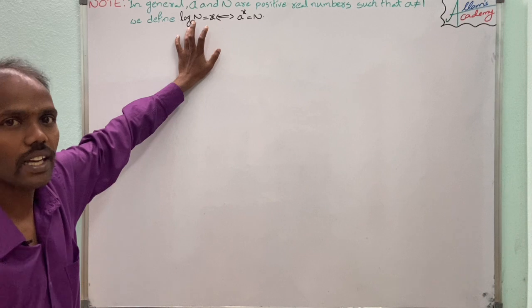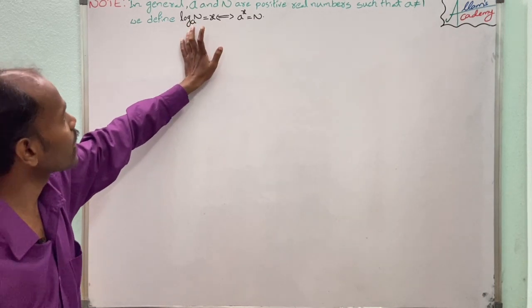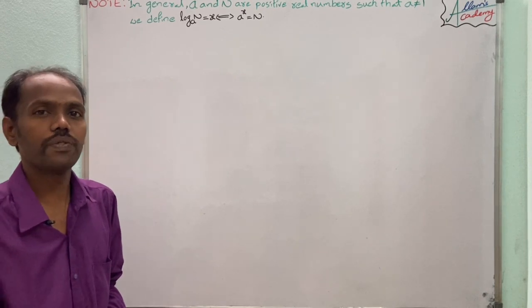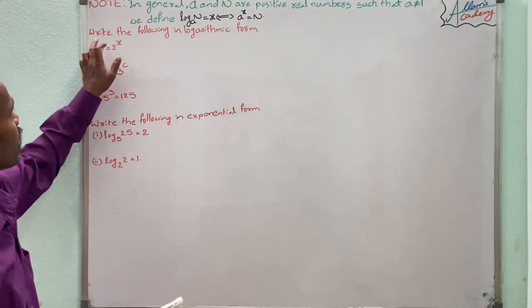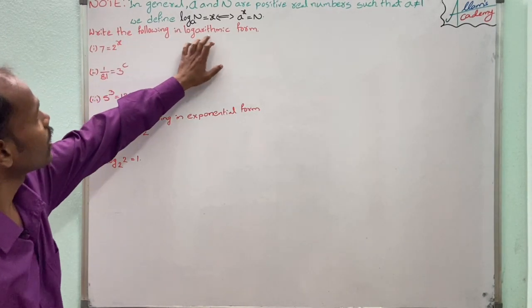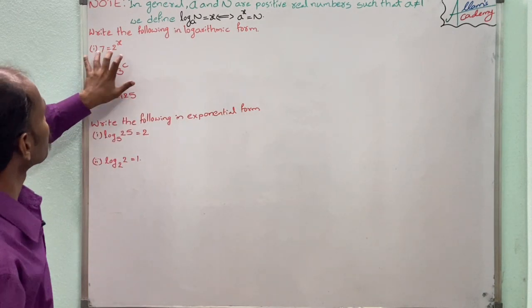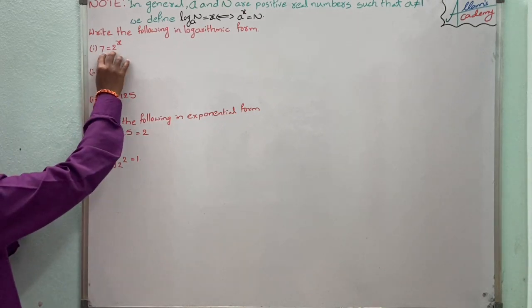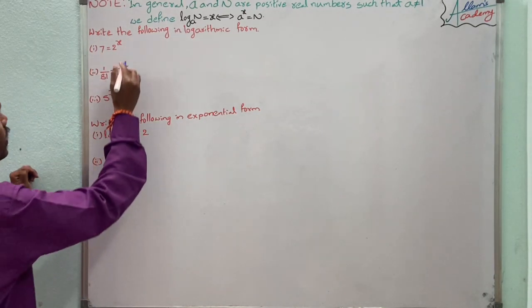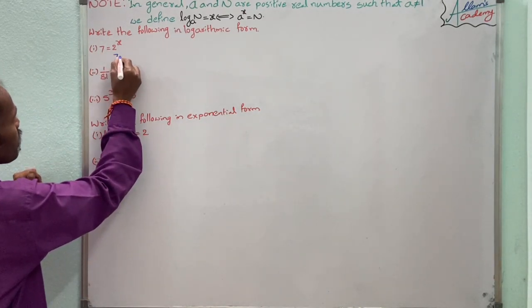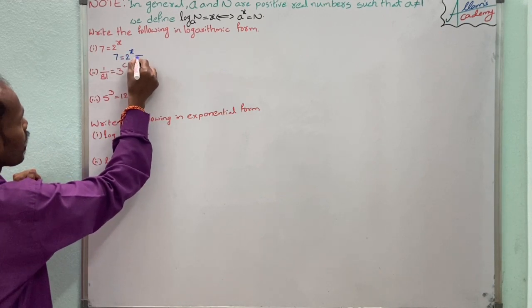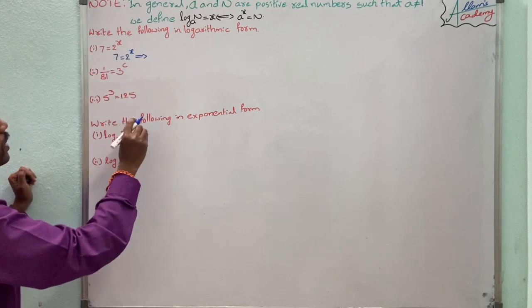Here, write the following in logarithmic form. They are given in exponential form. The first one is 7 equal to 2 power x. Now we have to write it in logarithmic form.